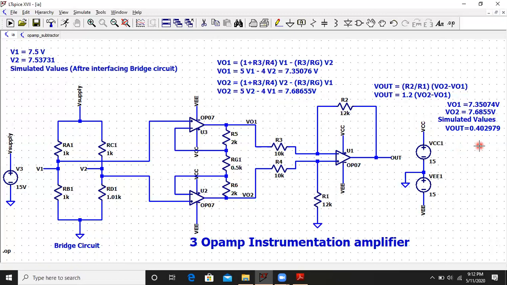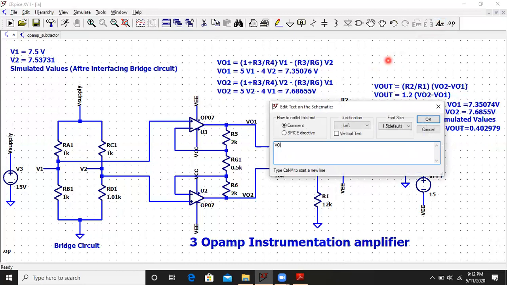So VO2 is 7.68655 minus 7.35076. So Vout is theoretically coming out to be 0.402948.